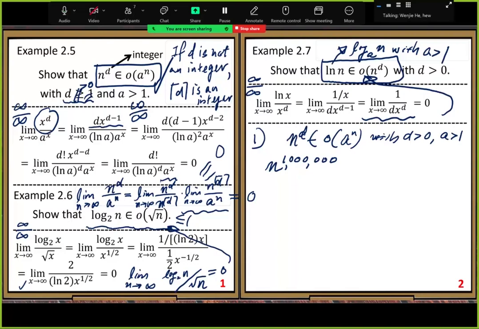Then the second function: because we only need a greater than 1, that's the only condition we need, can I choose a very close to 1, slightly greater than 1?